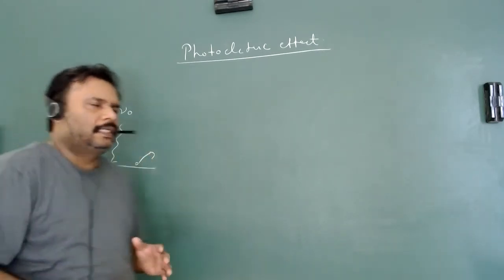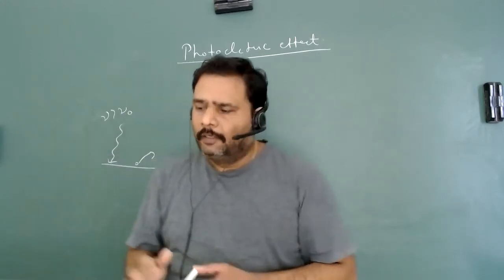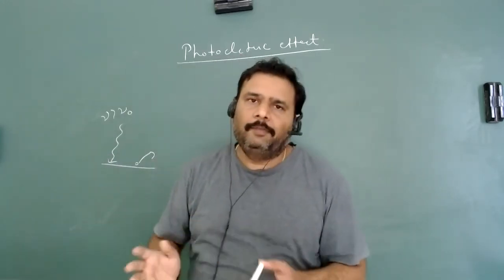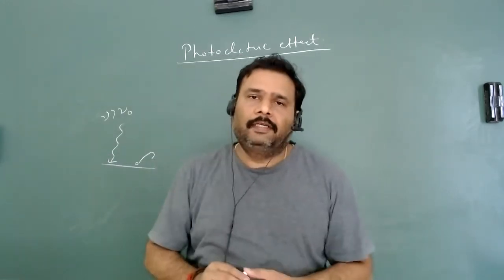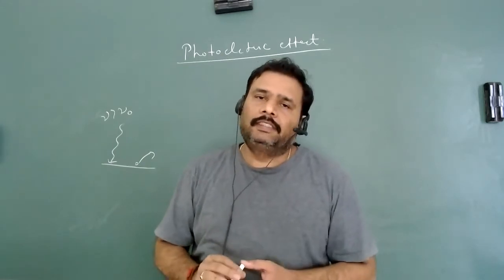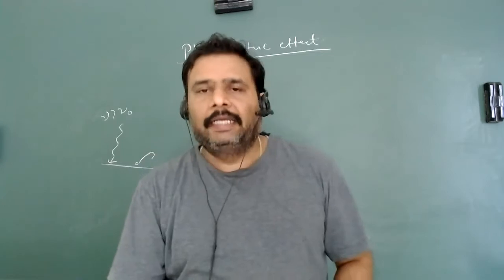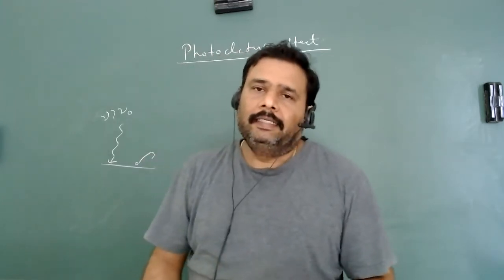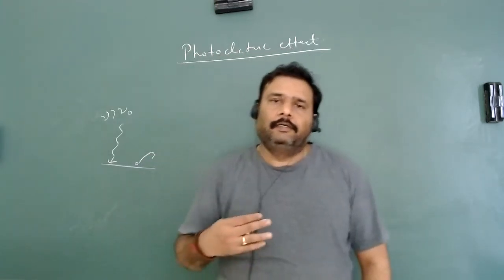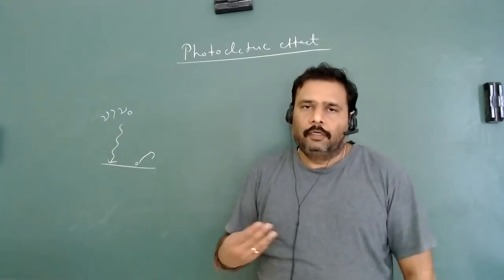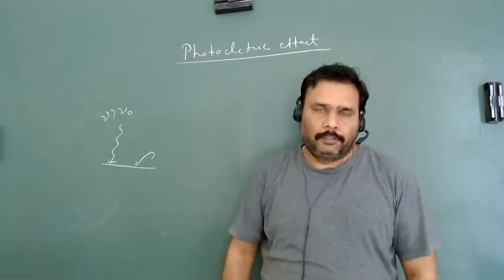So these are the basic fundamentals of this experiment, but the experiment itself is entirely different. So first we will make a schematic diagram of this experiment, and then we will try to understand what is going on and how we can explain all these things.